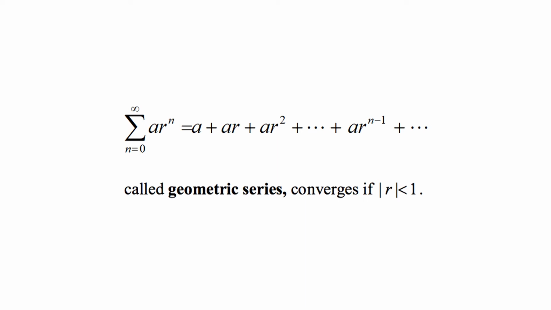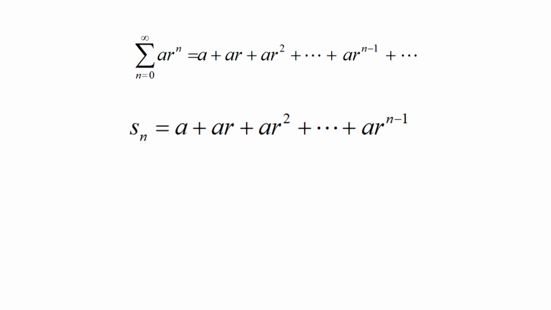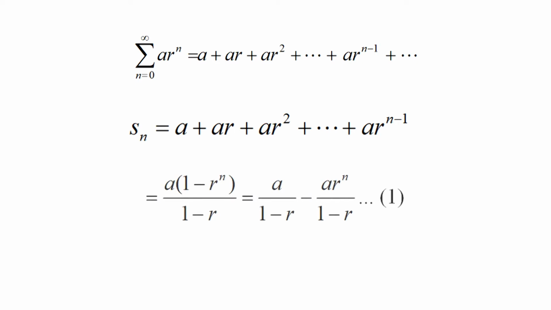The nth partial sum of the series is given by Sn equal to a plus ar square plus etc. plus a r power n minus 1, which is equal to a into (1 minus r power n) upon (1 minus r), which is equal to a upon (1 minus r) minus a r power n upon (1 minus r), equation number 1. We note that when absolute value of r is less than 1, r power n approaches 0.